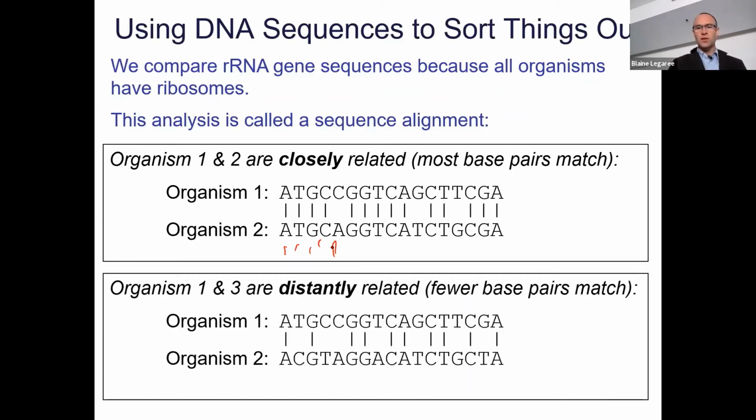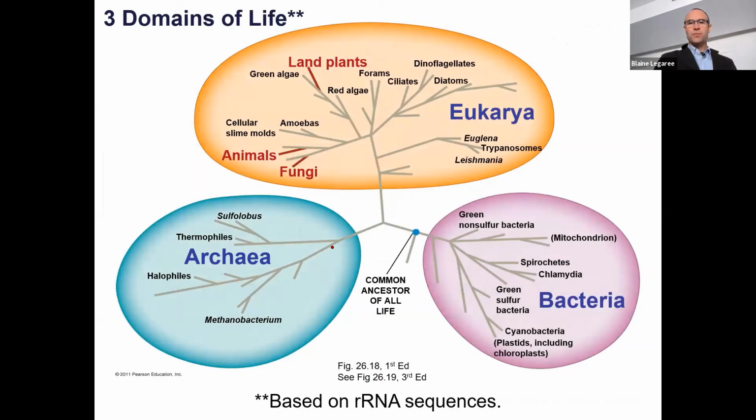Here's another example. You can see that these two organisms are a little bit more distantly related. And so we can compare things and see whether the organisms are the same or different. So how do we know if we have a different organism? It kind of depends on who you're talking to.